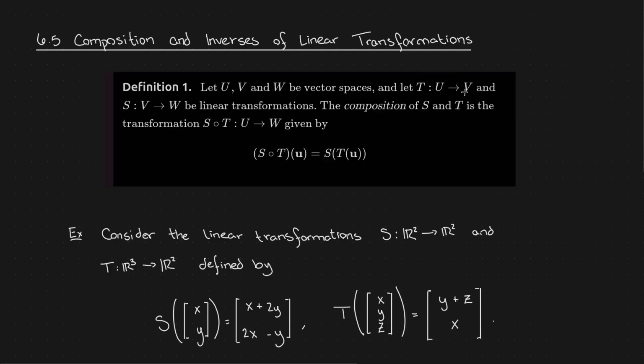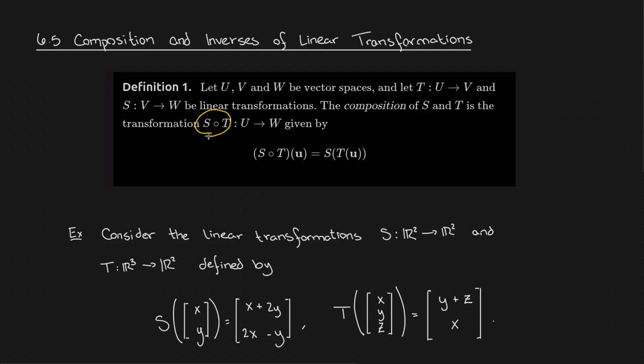Notice, by the way, the output of transformation T, the codomain, is the same as the domain of S. The composition of the two transformations S and T is the transformation S compose T. We use this little open circle to mean composition.